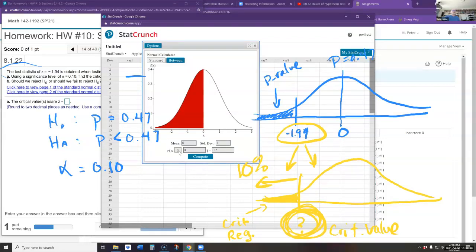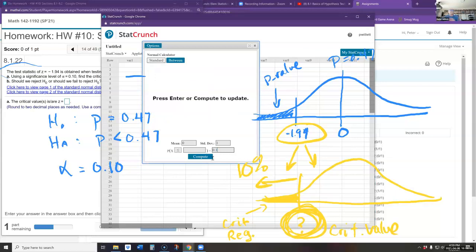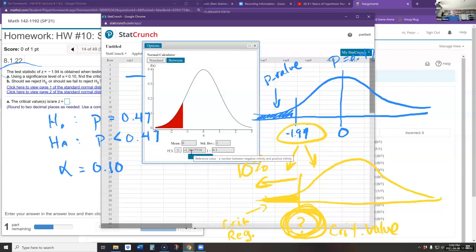So I'm going to change this from 50% to 10% and compute. Then it shows me that at negative 1.28, at that z-score level, the area to the left is 10%.